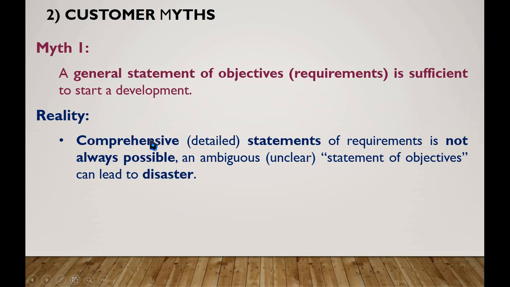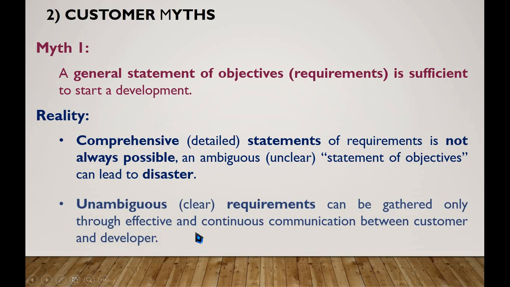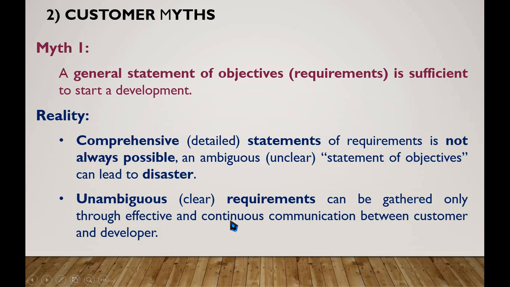So a general statement, or a simple requirement, is not sufficient to start development. Unambiguous requirements can be gathered only through effective communication between customer and developer. Unambiguous means a clear requirement is needed to start development.